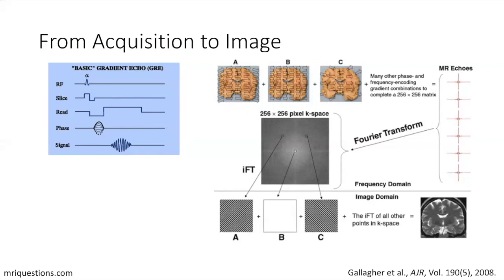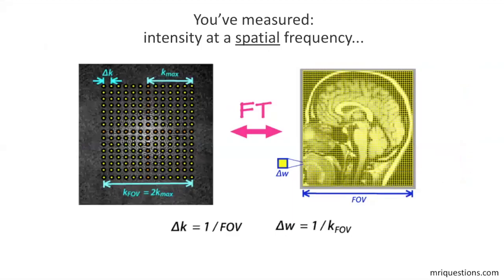We collect our raw data, the K-space that you see in the center, and then we perform the Fourier transform to get the image that you see on the bottom right. And so it's important to, again, remember that we're measuring spatial frequency, and then we use the Fourier transform to get our final image.